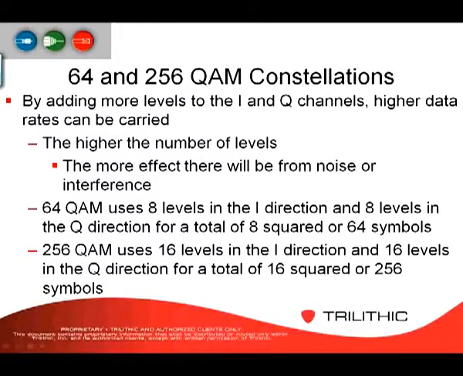Now, 64 QAM uses 8 levels in the I direction and 8 levels in the Q direction for a total of 8 squared, or 64 symbols. 256 QAM uses 16 levels in the I direction and 16 levels in the Q direction for a total of 16 squared, or 256 symbols.